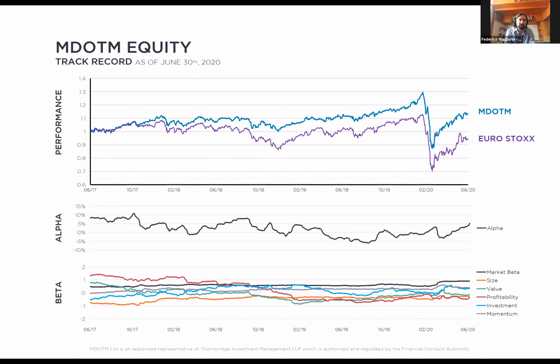As you can see, there is an alpha component in the strategy. It's on average between 2 and 3%. In this period, it was 2.5%, but a good portion of the overperformance was driven by the factor exposure of this strategy.